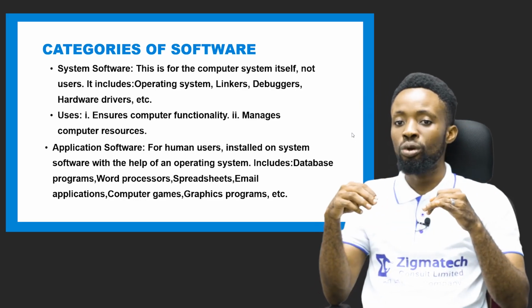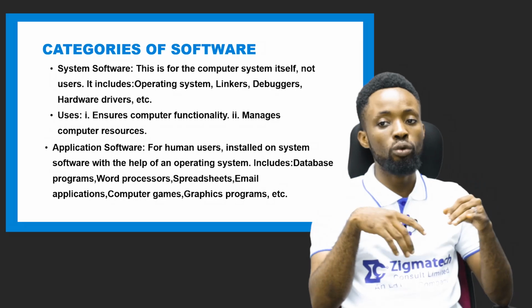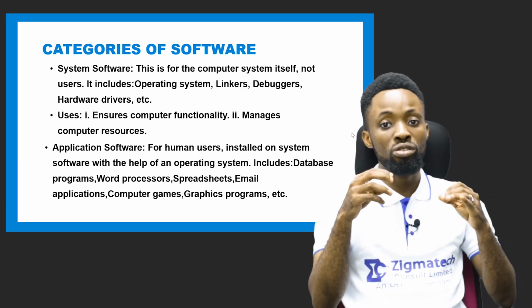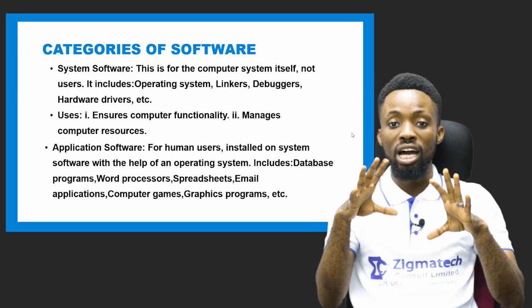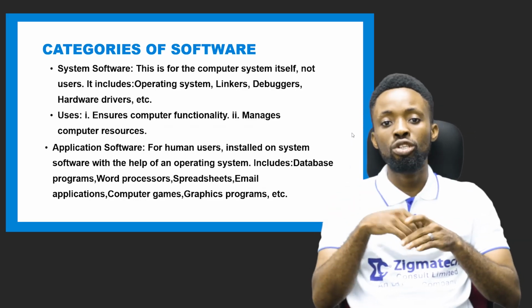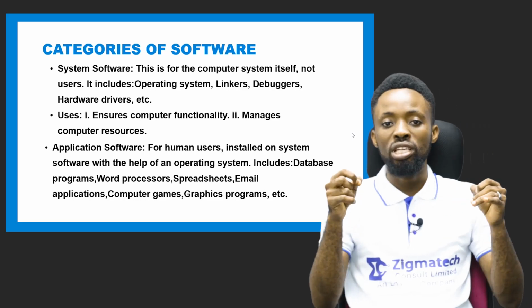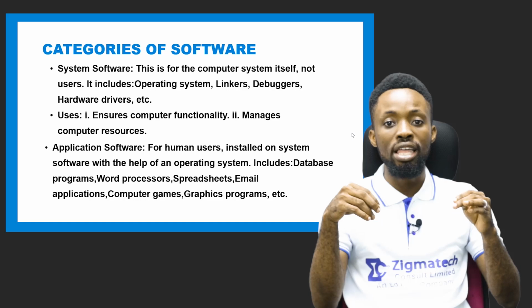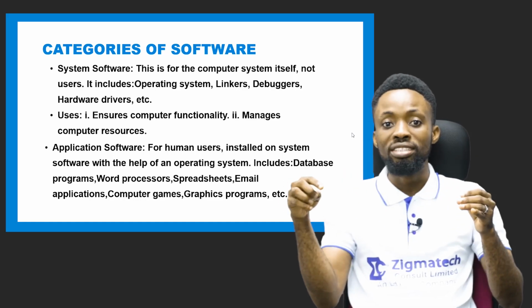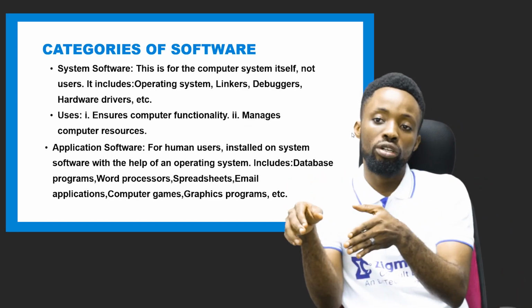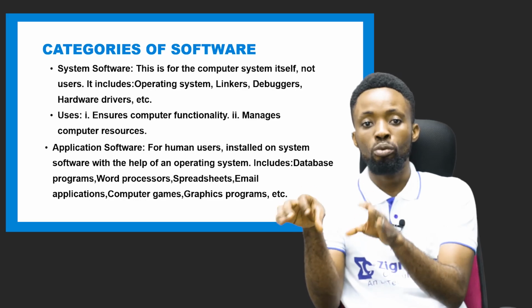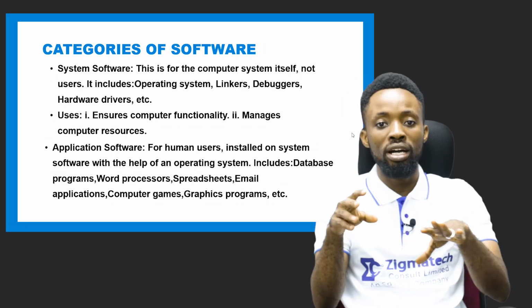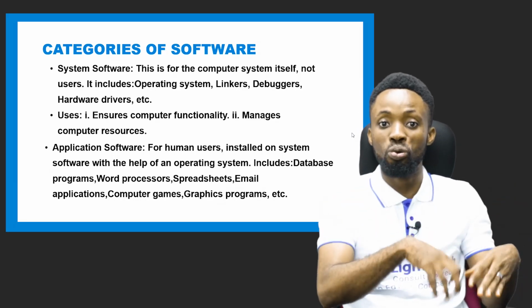So a good example of the system software is the operating system. Operating systems are inbuilt programs that help the hardware to function. A good example is your Android device. You see that most GIS application softwares like Google Maps and Compass actually work with the help of the operating system. So if you don't have the Android operating system, the Google Maps and the Compass would not actually work in it.